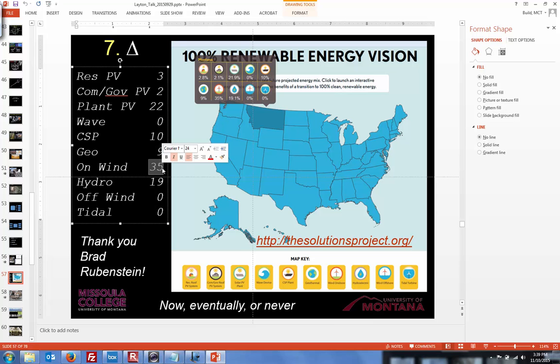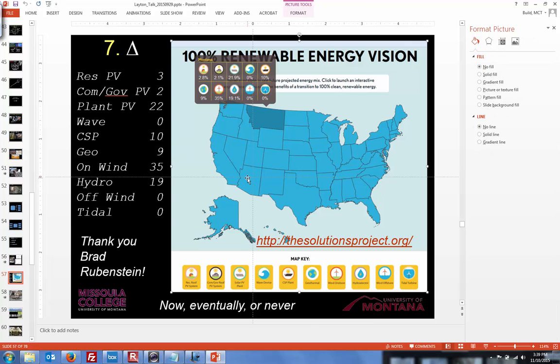So what this tells me, if I were just going to roll the dice or throw a dart at the state of Montana, 35 times out of 44, the wind is going to be your better bet. But that's not to say that there's not one special place in Montana where geothermal and wind are both really good bets.